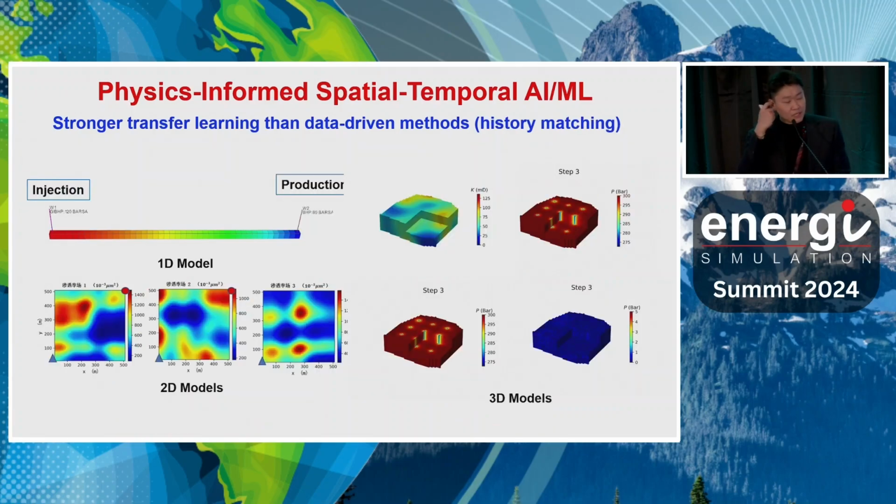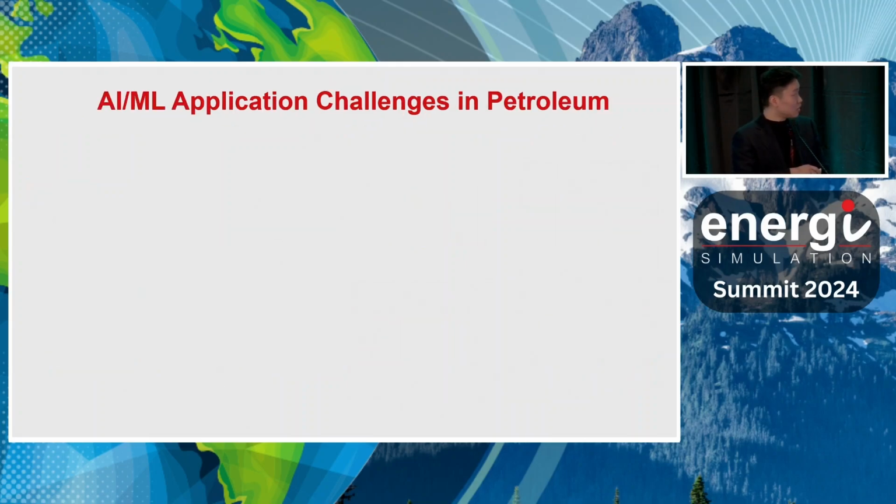And lastly, our model also has the ability in the area of history matching, especially from 1D models to 3D models, always with very high and promising accuracy. So based on the data-driven model results and the physics-informed model results, we also wanted to ask, what are the challenges of AI applications in the current petroleum industry?